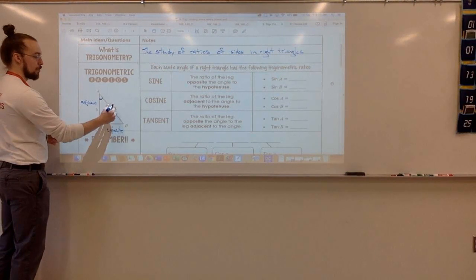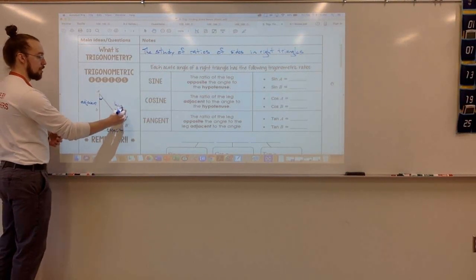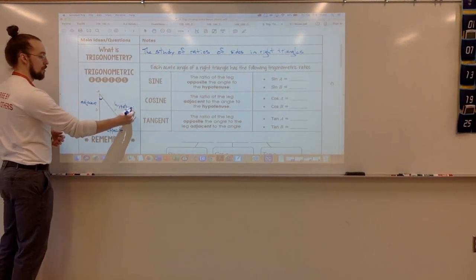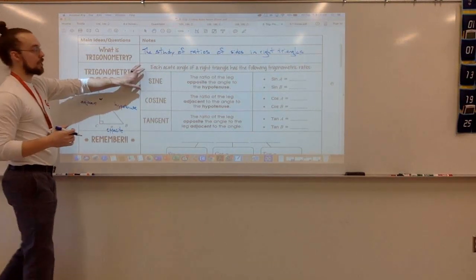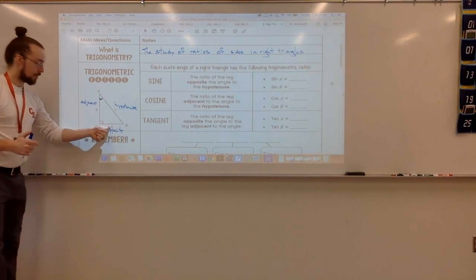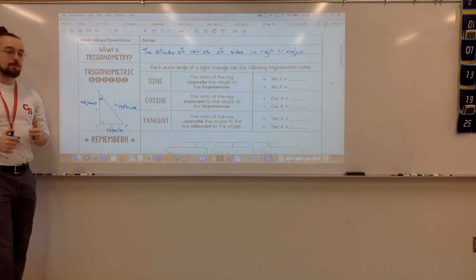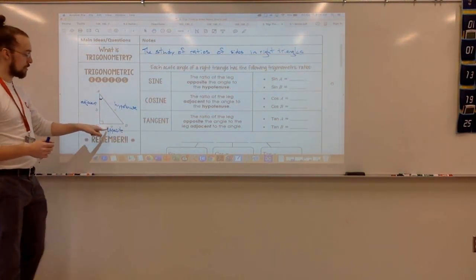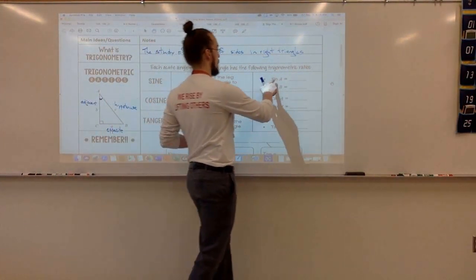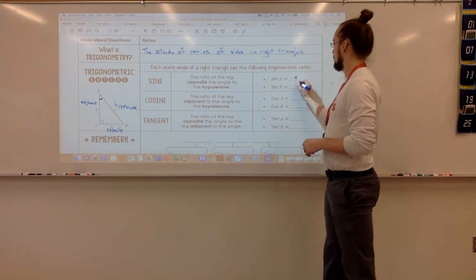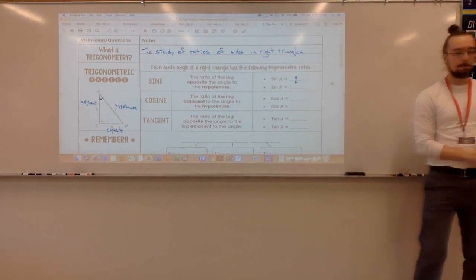And then C would obviously be the hypotenuse. So all we're doing for sine, we're saying that that is defined as the opposite side over the hypotenuse. So in this case, that's A over C. So the sine of A is A over C.